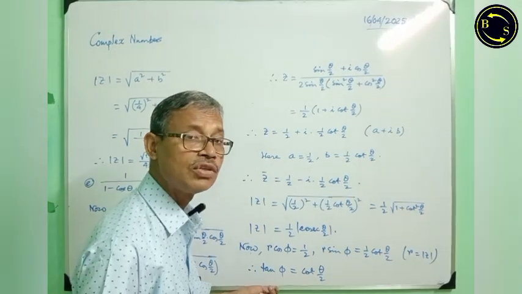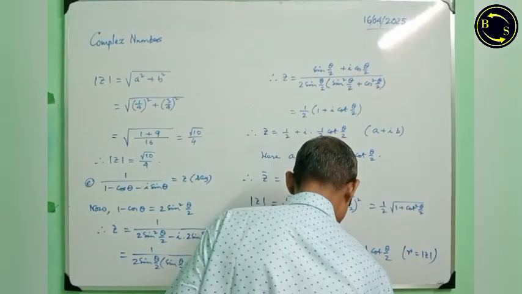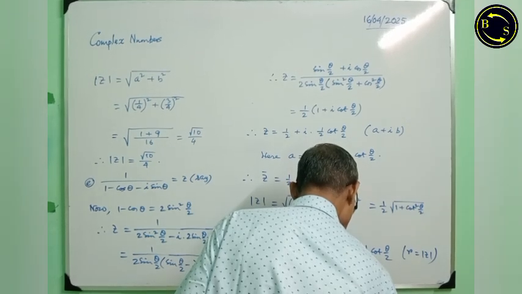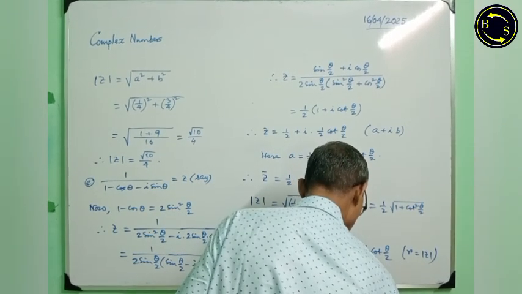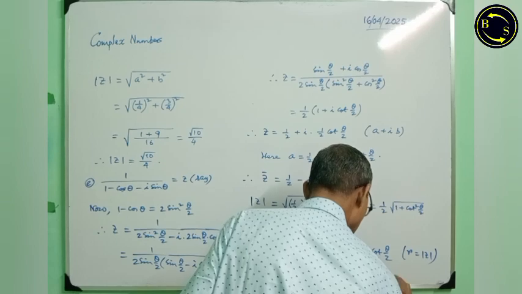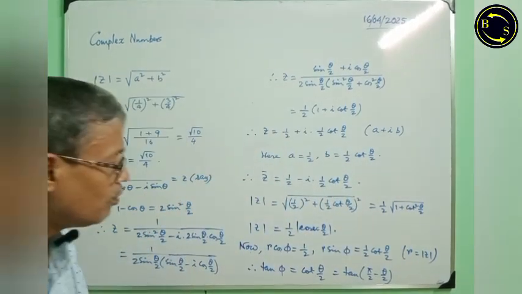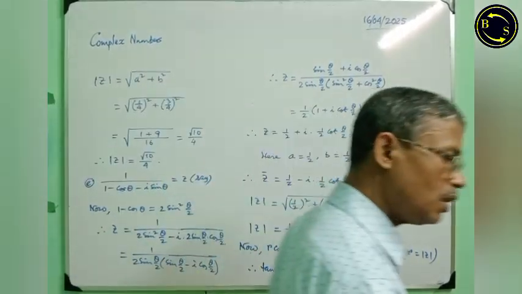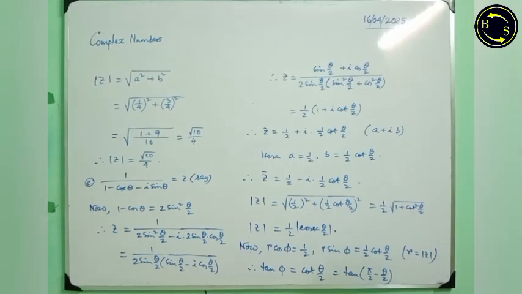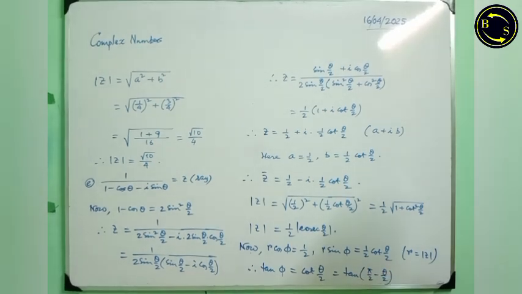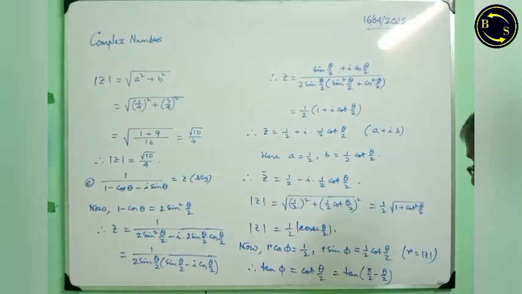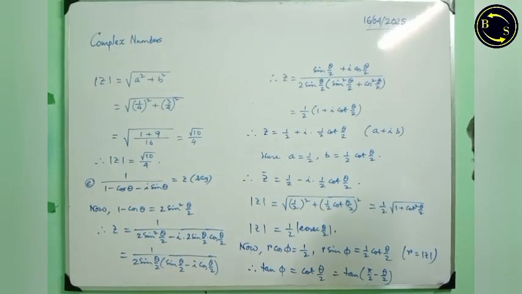Since the left side is in tan form, therefore I express that. Now we have to discuss the matter. If theta lies within 0 degree and pi, or 0 radian and pi radian, then theta by 2 will be less than pi by 2.